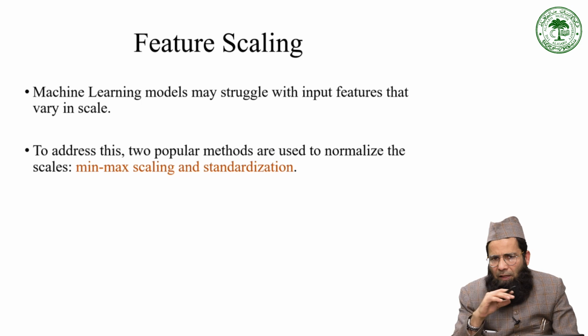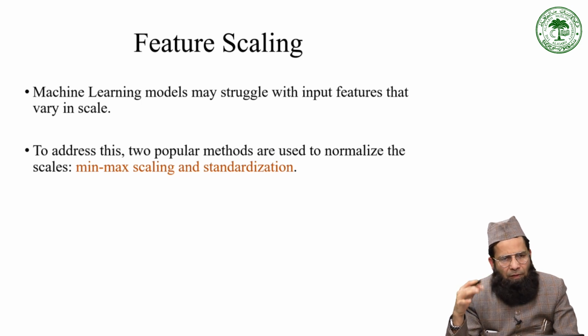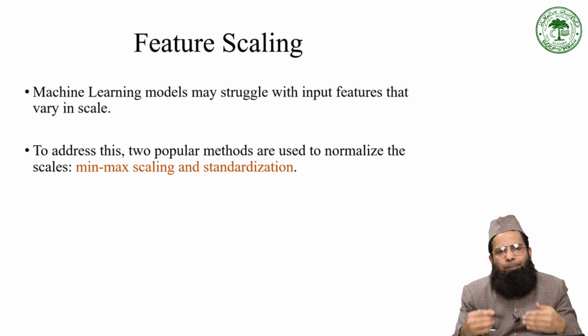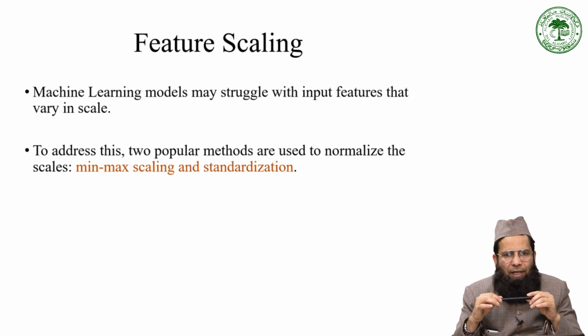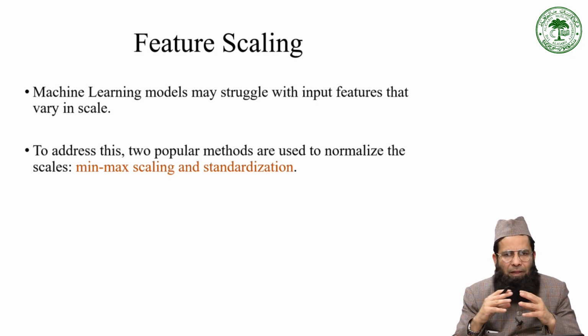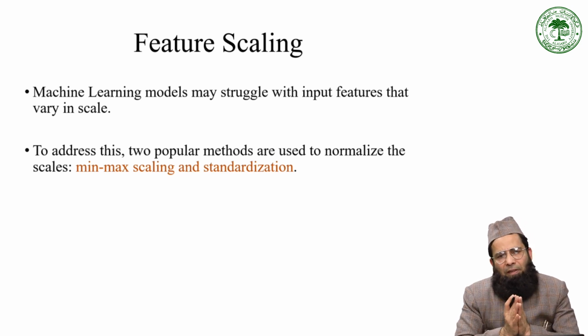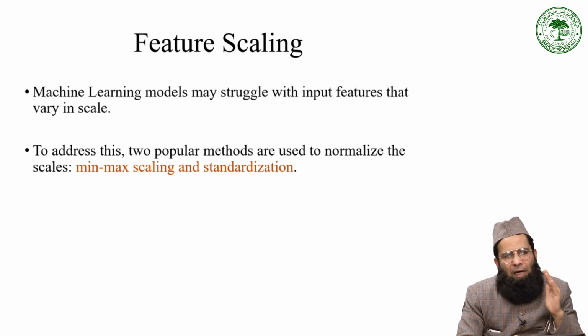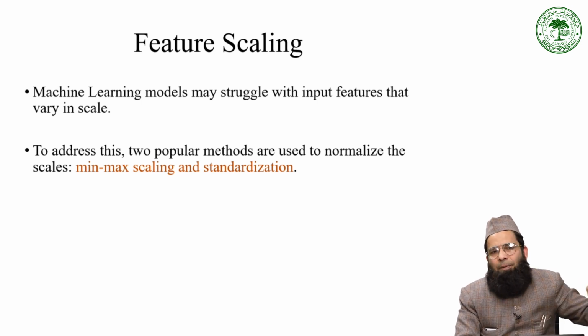Now we'll discuss feature scaling. That also comes under preprocessing strategy. Machine learning models may struggle with input features that vary in scale. Varying in scale means that the features in your data set have different scales.